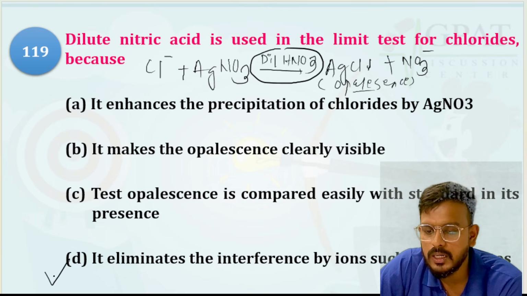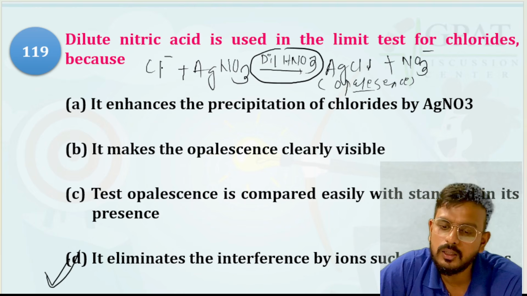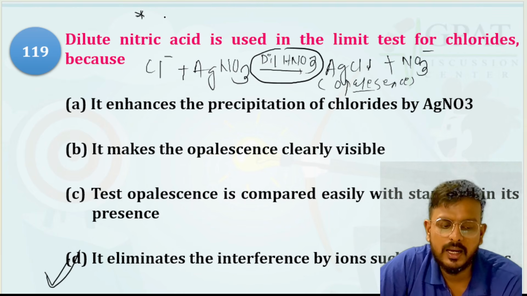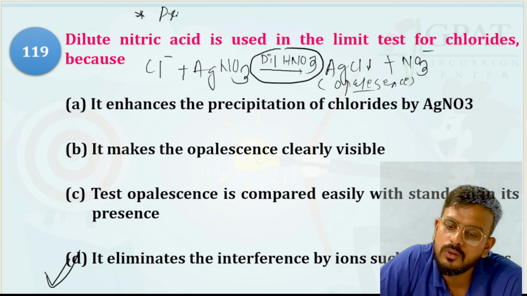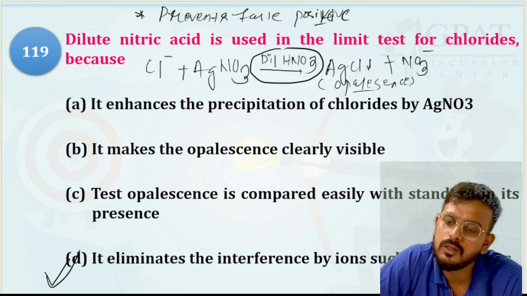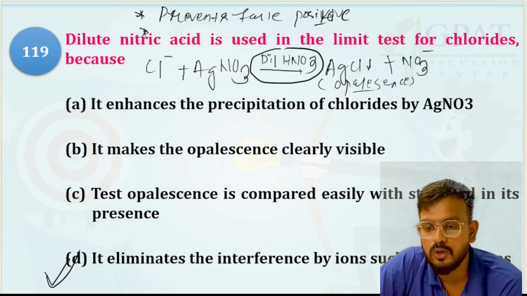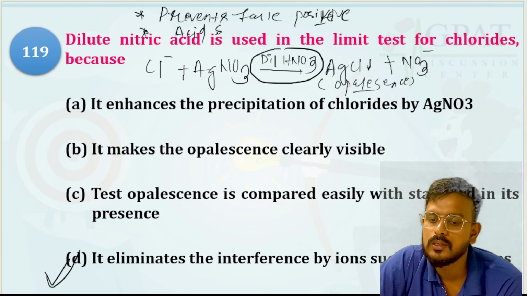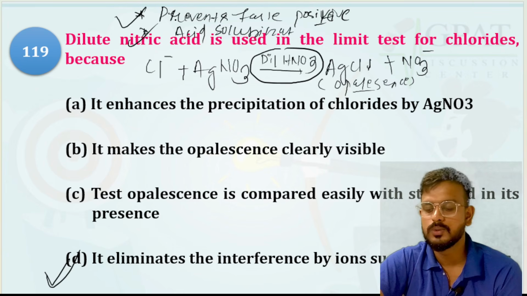It is used to eliminate interference by ions such as carbonate. It basically prevents false positive results, and it also helps in acid solubilization. So option D is correct.